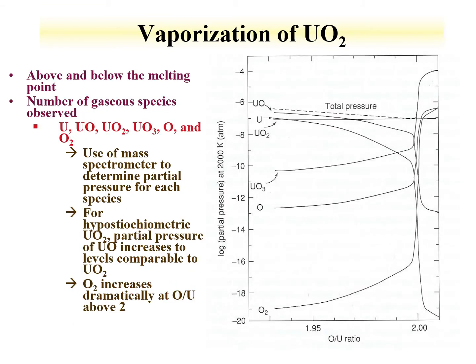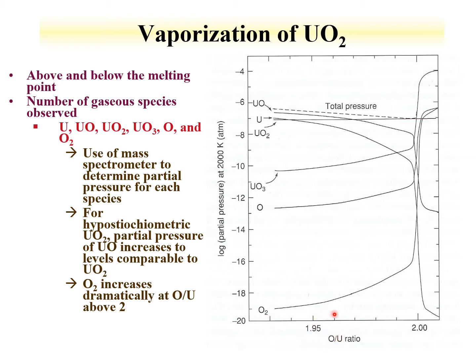Also, through the heating of this material, we can actually vaporize products out of the material. Here's an example of partial pressure of different products from UO2: the oxygen, UO3, UO2, uranium, and UO, as a function of the oxygen to uranium ratio.